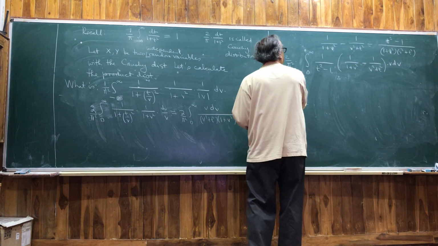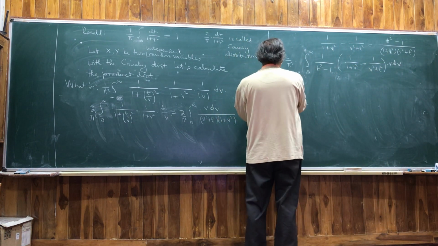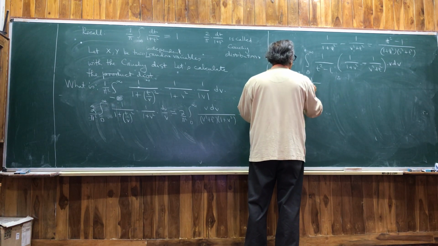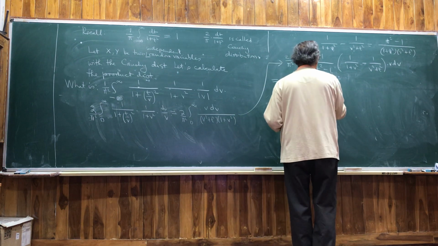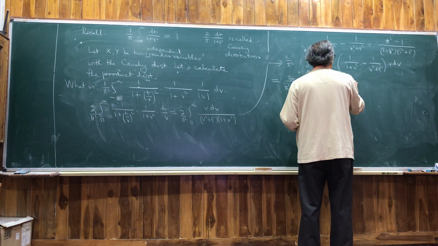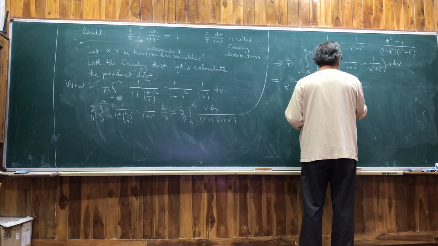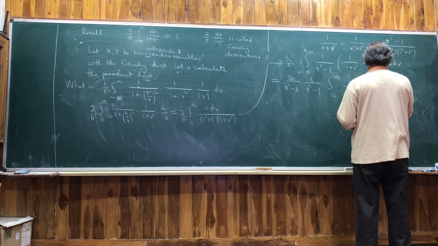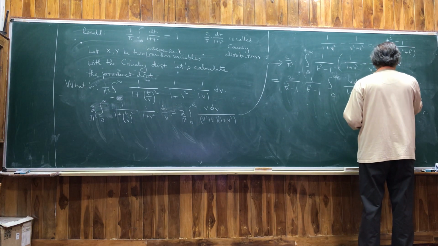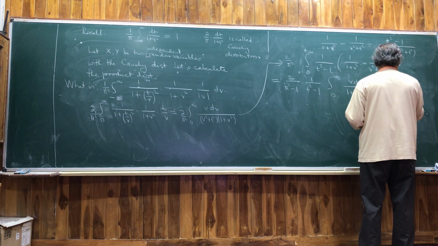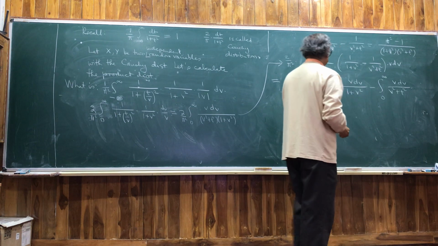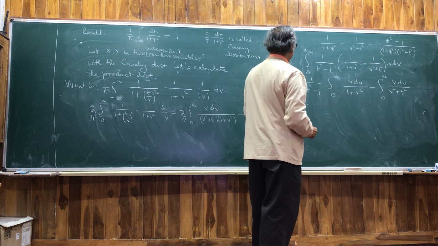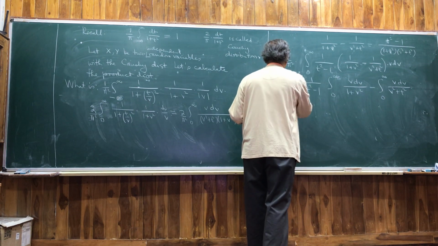So this is equal to 2 over pi squared, 1 over t squared minus 1, the integral from 0 to infinity of v dv over 1 plus v squared minus the integral from 0 to infinity of v dv over v squared plus t squared. Yeah, it's just pi squared. Right, thank you.